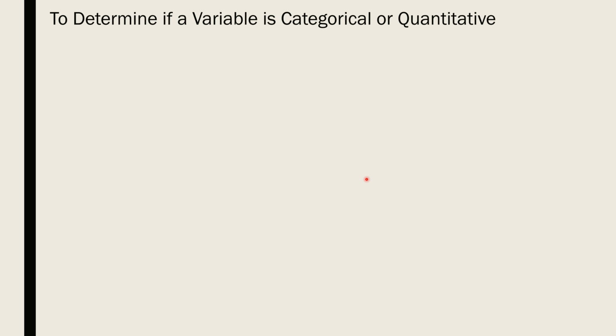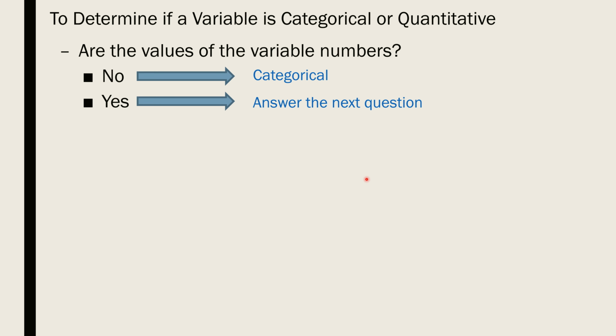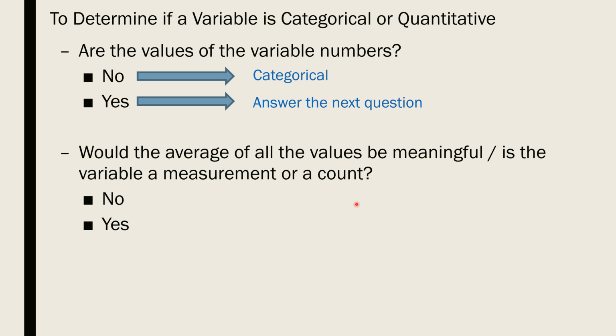Here is the workflow you should follow to determine if a variable is categorical or quantitative. First, are the values of the variable numbers? If the answer is no, then the variable is categorical. If the answer is yes, then we try to answer the next question. Would the average of all the values be meaningful? Or is the variable a measurement or a count?